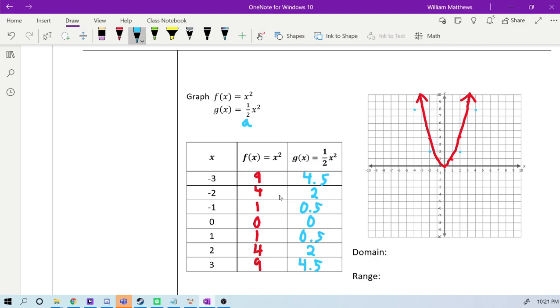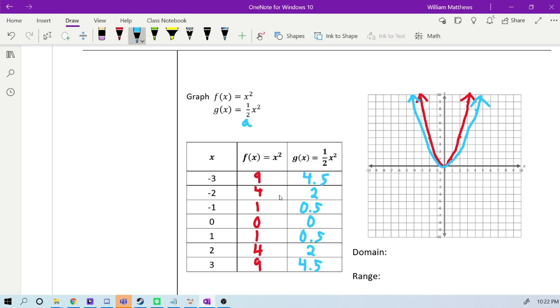And our new function, using a few more points than what was given on the table, we can see that it is outside of our parent function. This is where it gives that look of being vertically compressed. My output values do not increase as fast as my parent function.